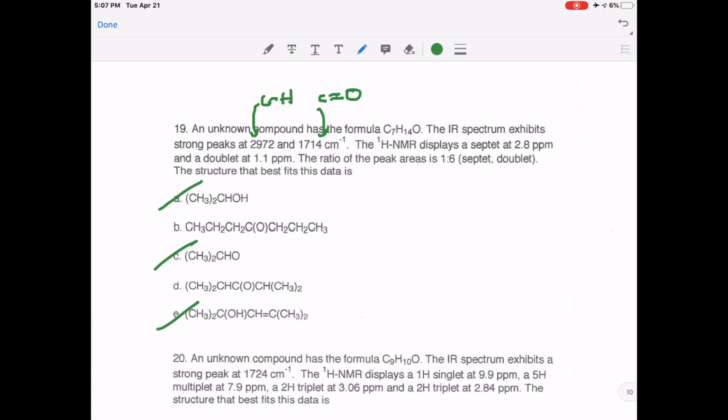Now we can look at the proton NMR to help us further limit our criteria to choose which of the two options is correct. Before we do that, it would be helpful if we drew out the actual structures of both of these compounds. So let's do that.